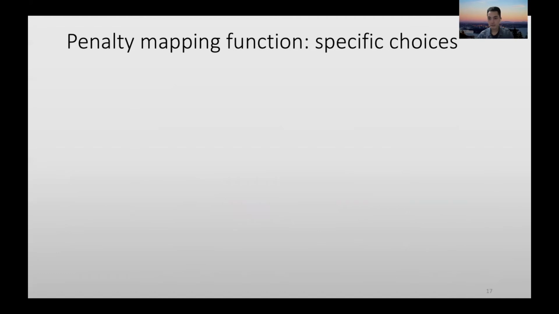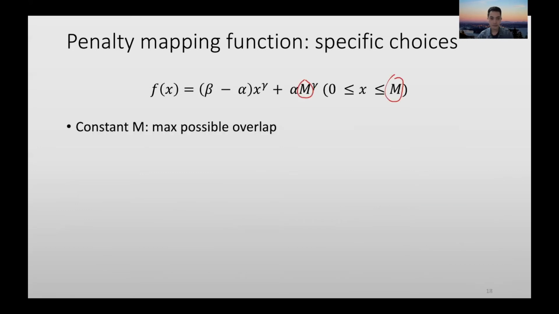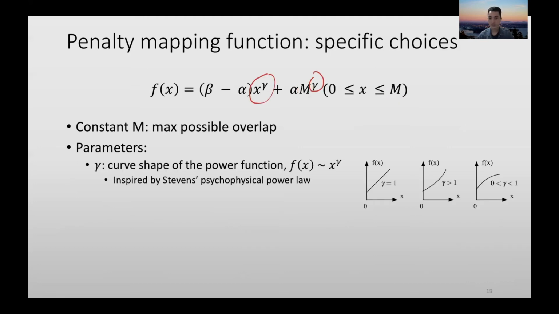We pick some specific values for this mapping function and result in this general equation. M is a constant, which is the maximum possible overlap. It defines the domain of the function. We have a few parameters in this equation. Gamma defines the curve shape of a power function.